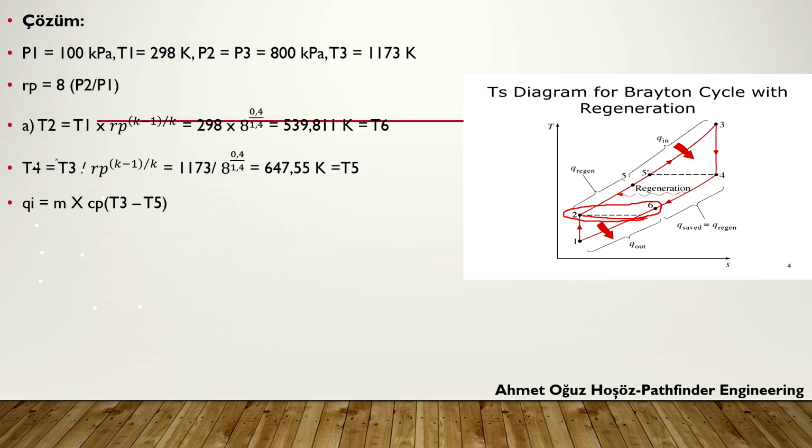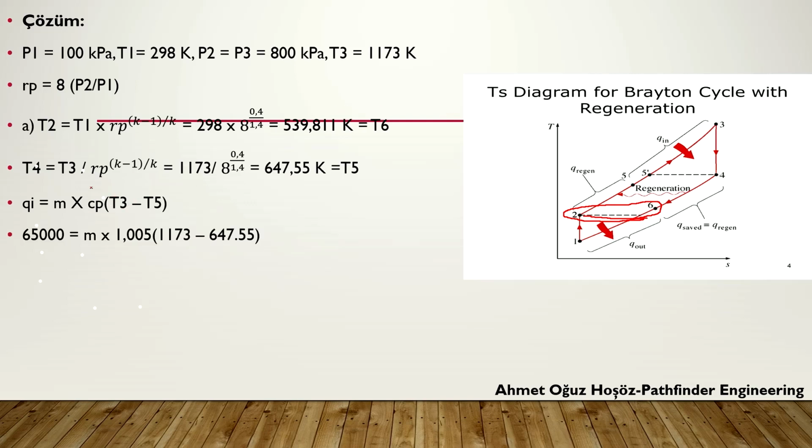Then we can determine our T4 value, but this time we divide in our equation. So T4 will be equal to T5 for the ideal regenerator, and it's 647.55 Kelvin. Then we can determine Qin according to the equation m times Cp times (T3 minus T5).